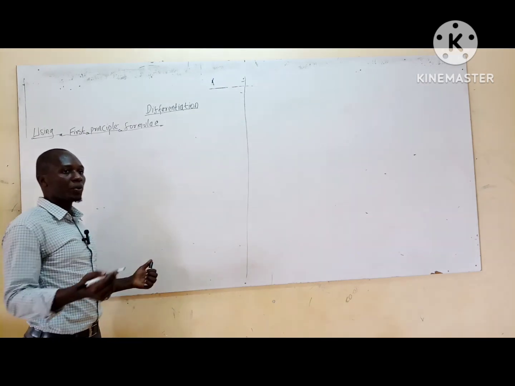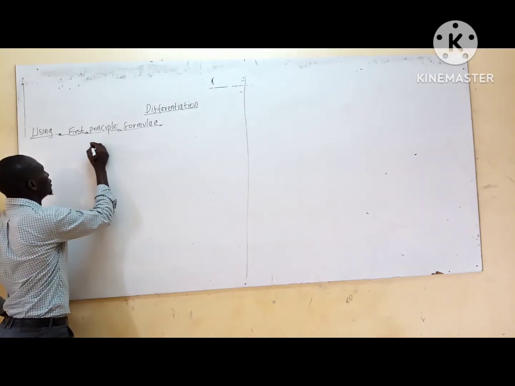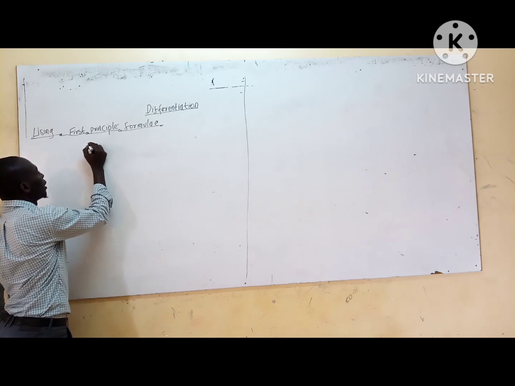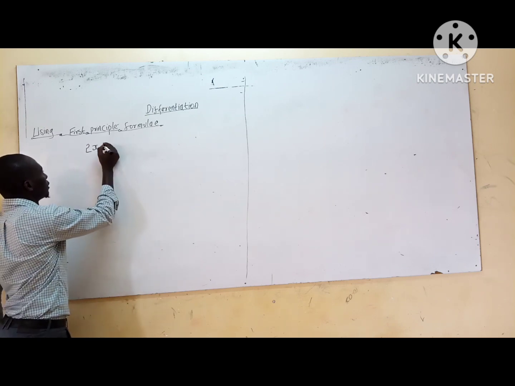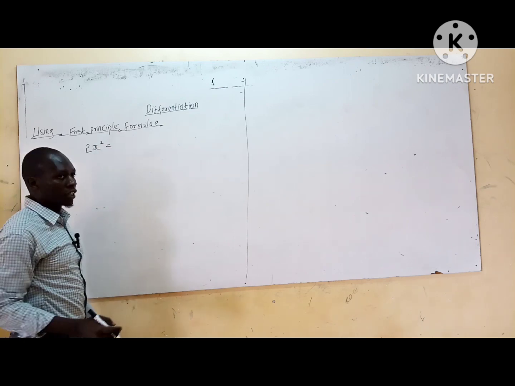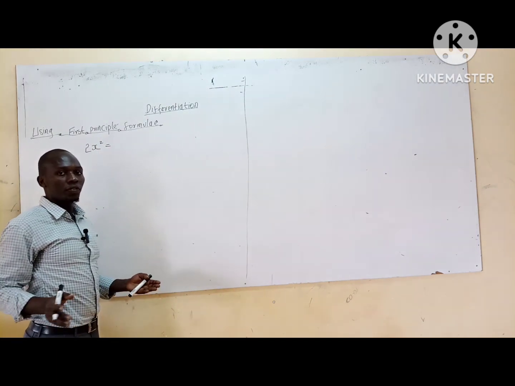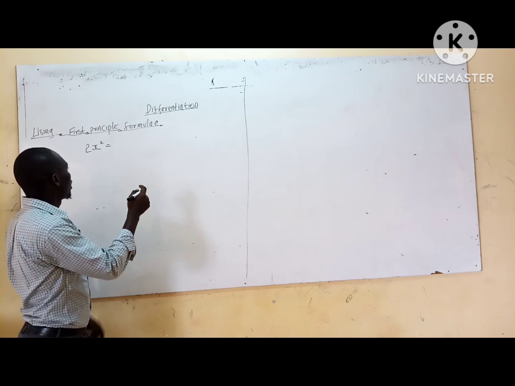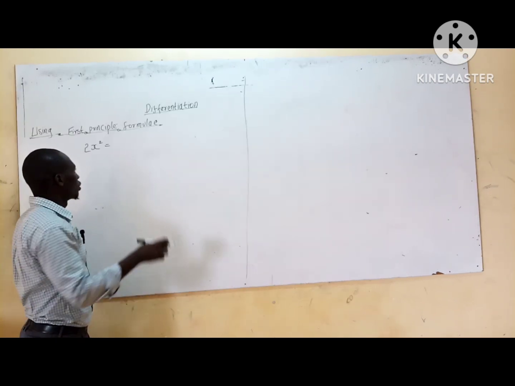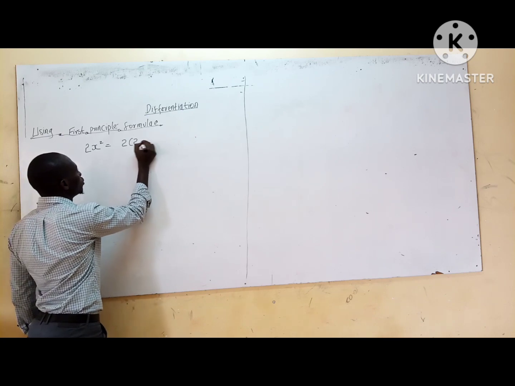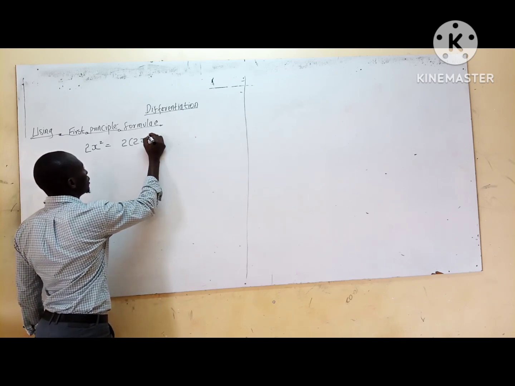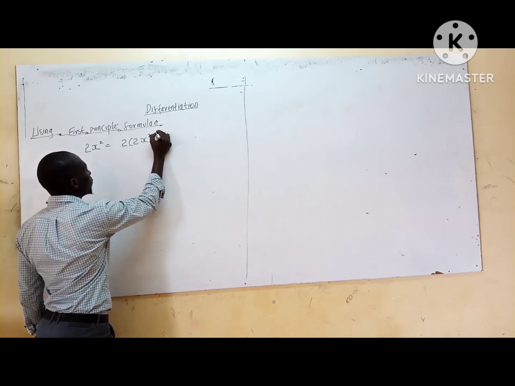Since you know that when we have a number like, for example, 2x squared, in a normal differentiation we can differentiate this so as to have 2 into 2x to the power 2 minus 1.